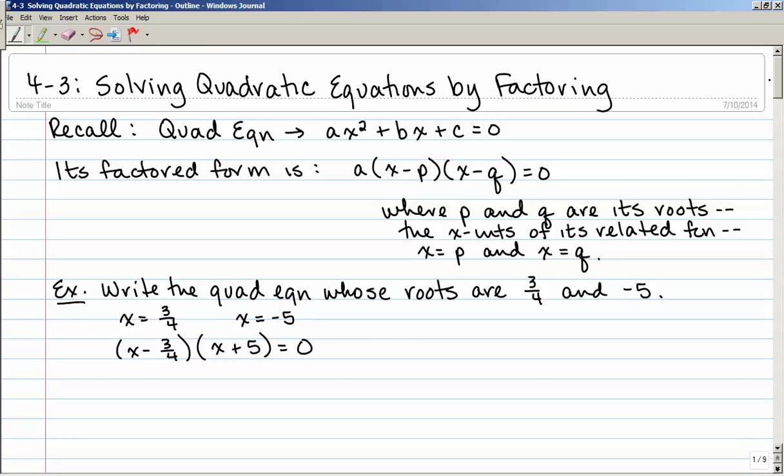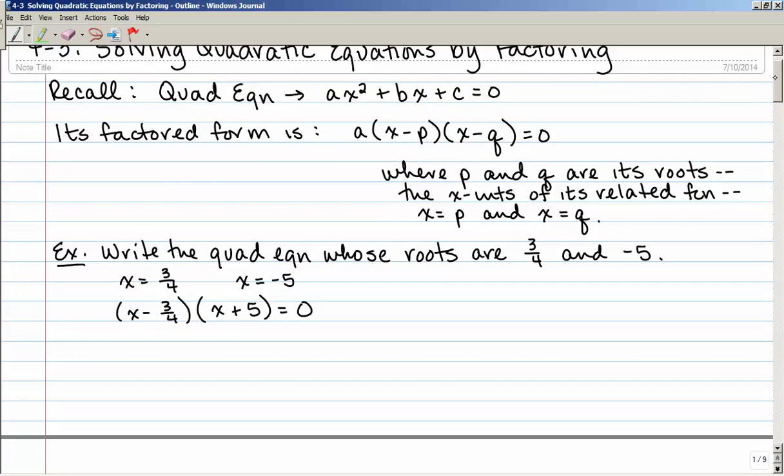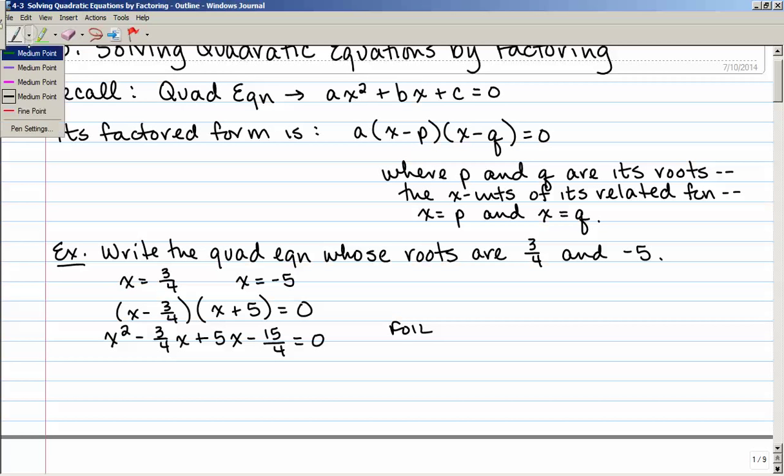So I need to put this into a different form that looks a little more familiar. So I'm going to FOIL. That'll give me x squared minus 3/4 x plus 5x minus 15/4 equals 0. And that looks a little messy, so let's go ahead and multiply the whole thing by 4 to get rid of that pesky denominator.